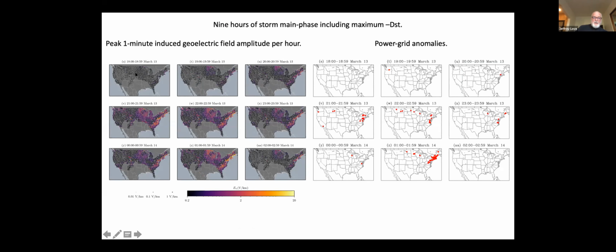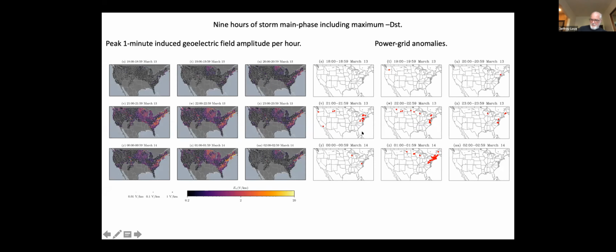Importantly, we see at this period of time from hour 18 to about hour 21, things are fairly calm. The geoelectric field has low amplitude across the United States, and correspondingly, there are few power grid anomalies across the United States. But as the geoelectric field starts to amplify, and we see that here on the left, we see correspondingly the development of these, the realization of power grid anomalies across the contiguous United States.